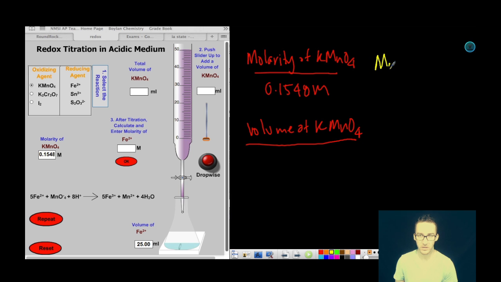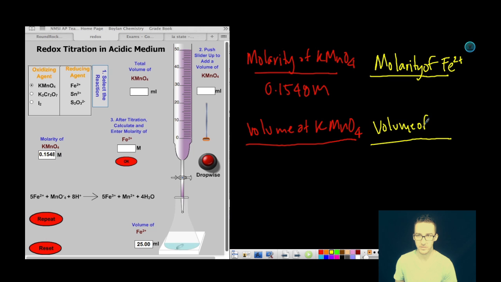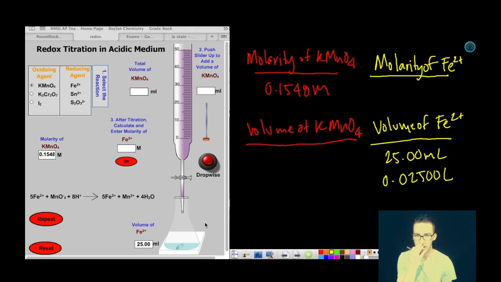We will use that information to ultimately determine the molarity of the iron 2 solution, and we know that we are starting with 25 milliliters, or 0.02500 liters, of our iron 2 solution. So let's just start adding and see if we can figure out how much of our potassium permanganate we need to add until we've reached the equivalence point.